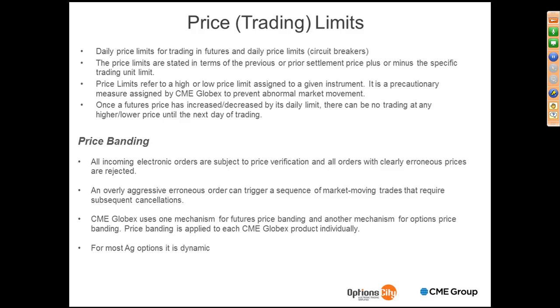For instance, say corn options, the price limit is 40 cents, by the way, and it's expandable to 60 cents. For some reason, there's a USDA crop report which is very bullish, or due to some reason, it hits the price limit of 40 cents, limit up or limit down, meaning it goes up 40 cents from the last settled or goes down 40 cents from the last settled. It hits the circuit breaker and trading halts for the day.